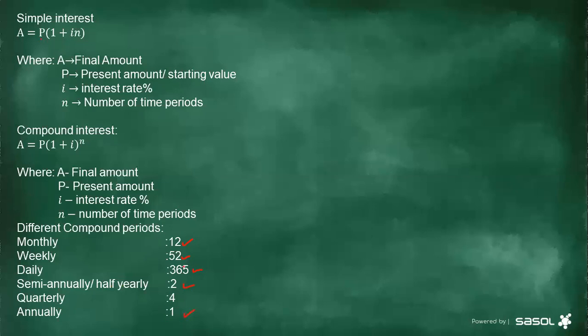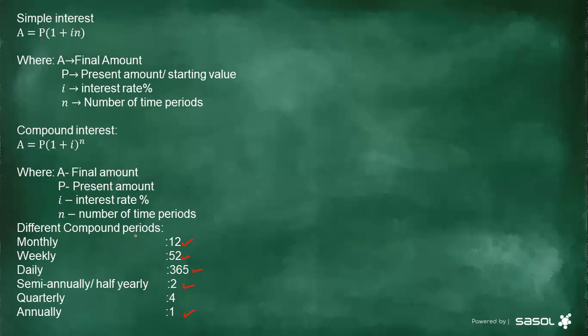Now let me try to explain why 12 for monthly, why 52 for weekly. Remember, if money is invested at a certain percentage per annum, compounded, when you talk about per annum, we are referring to a year.